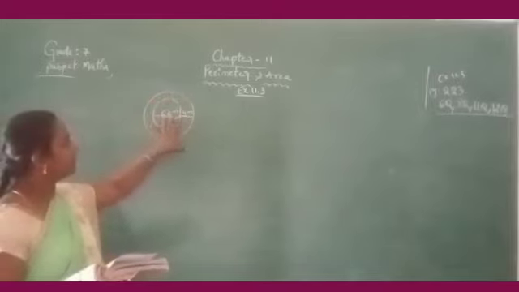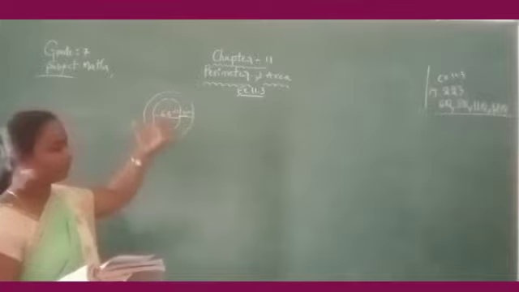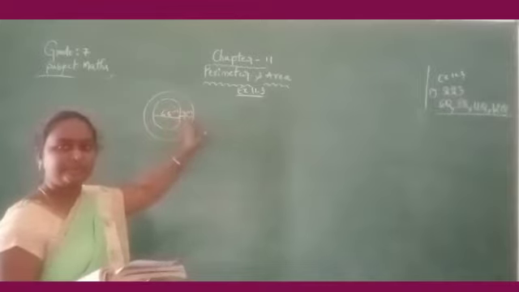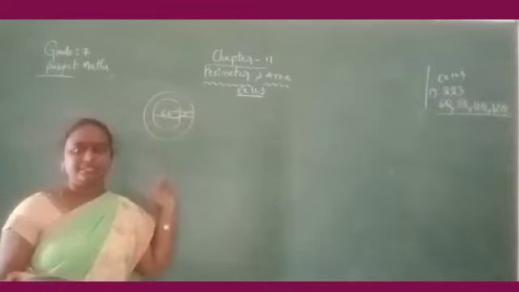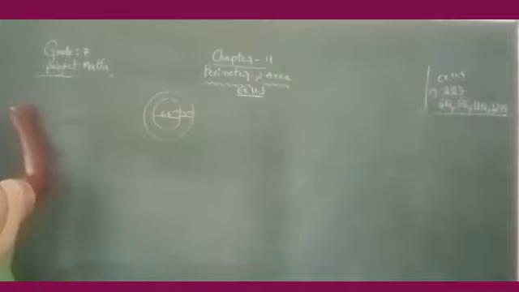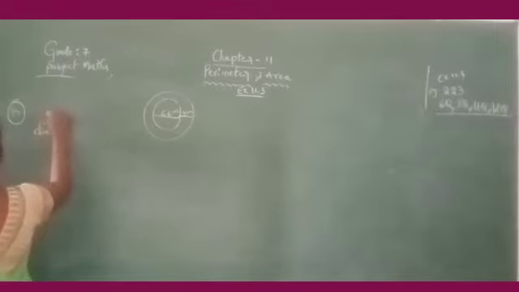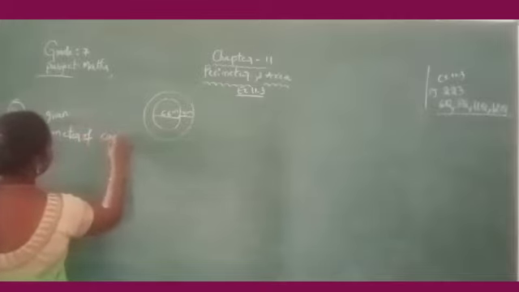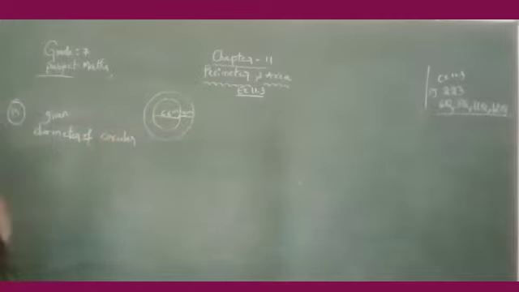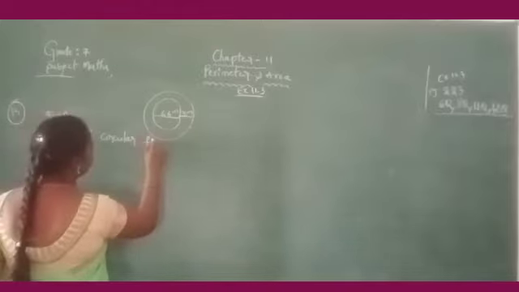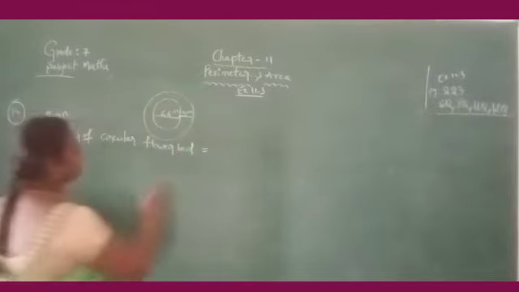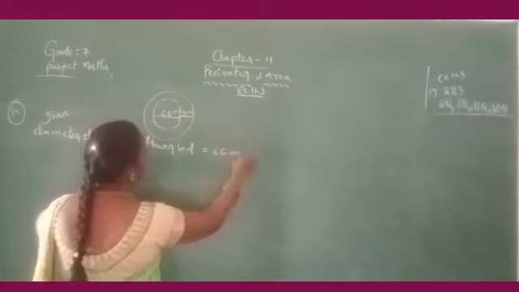Actually, the area with the path and without the path is given. So to find the area of the path, you have to subtract the without-path area from the with-path area. First, the given value is the diameter of the circular flower bed, that is 66 meters.